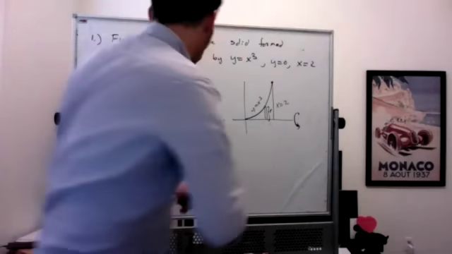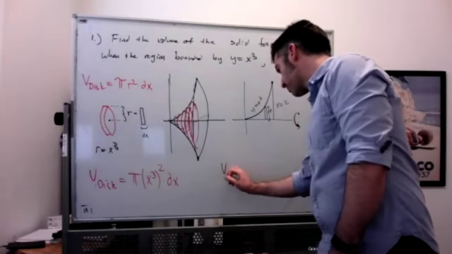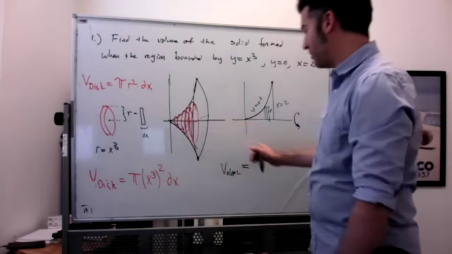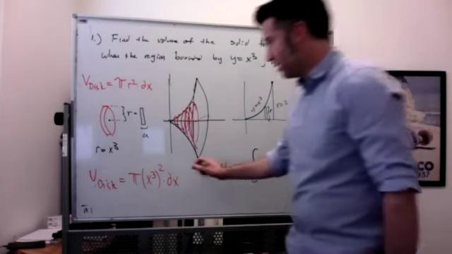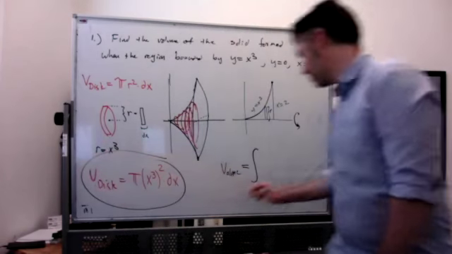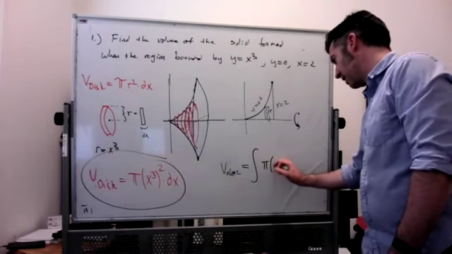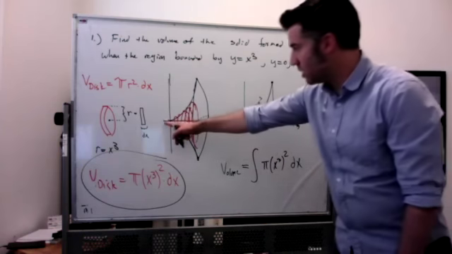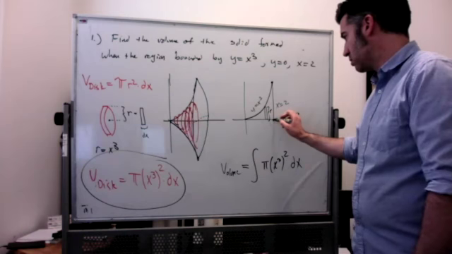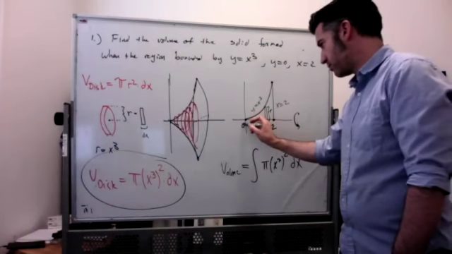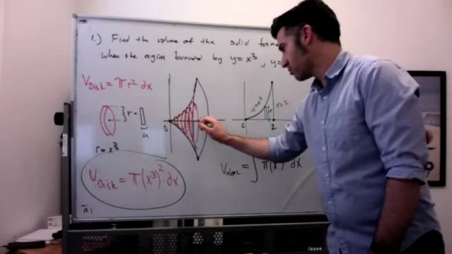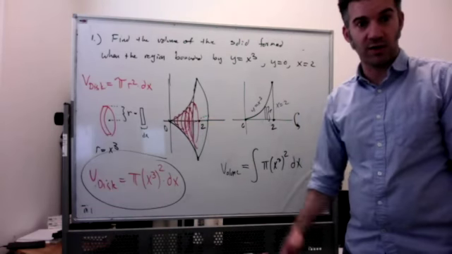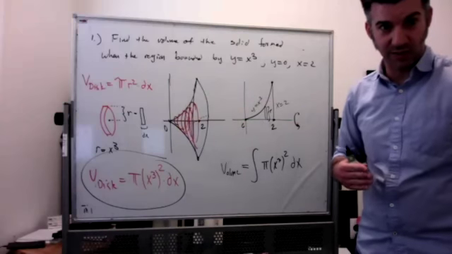So the total volume is going to equal, if I add these all up, the integral of pi times x cubed squared dx from 0 to 2. We're adding up all the discs that occur from x equals 0 to x equals 2.